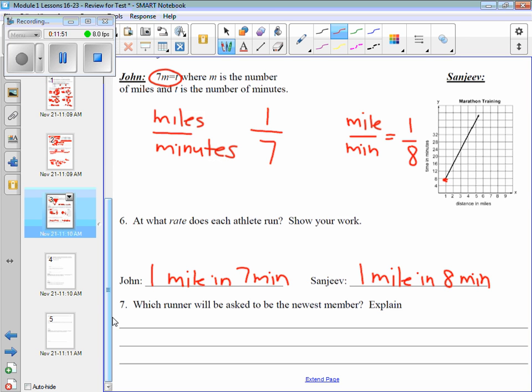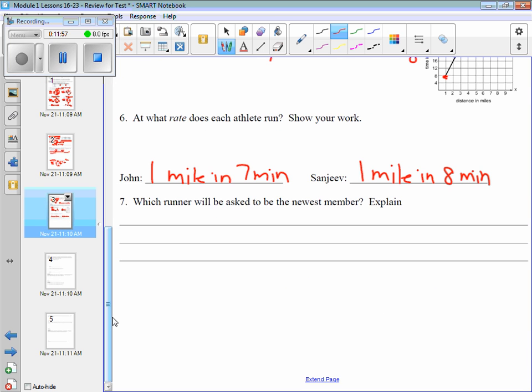So that's the person that's going to run, essentially, the runner that's going to run quicker. And that would be John. So he can do his mile in 1 minute less than Sanjeev. And I would do that in the explanation. I'm not going to do it here just because of time, but you would write out that it would be John because he is 1 minute faster per mile than Sanjeev.